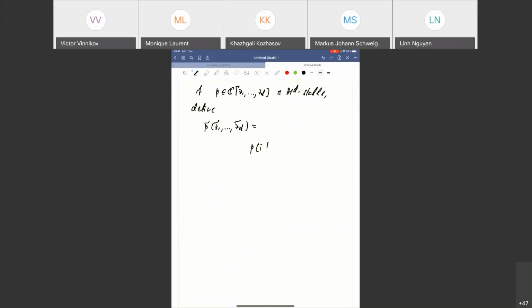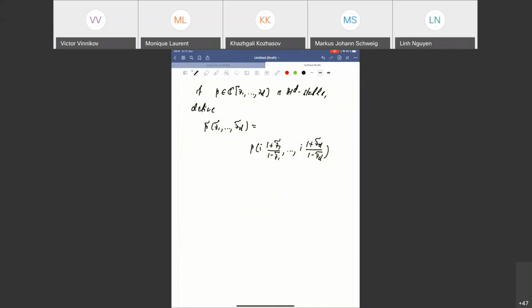So that's going to be i(1 plus z1 tilde)/(1 minus z1 tilde), ..., i(1 plus zd tilde)/(1 minus zd tilde), and we clear the fractions.